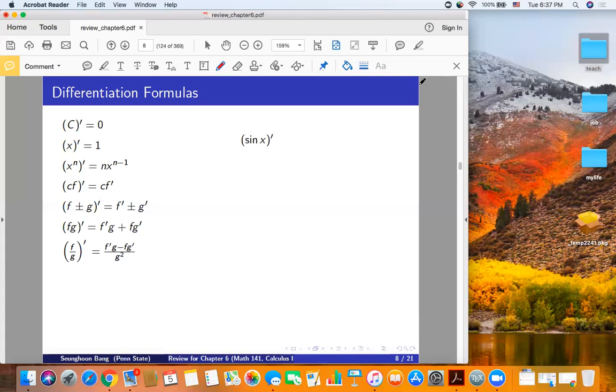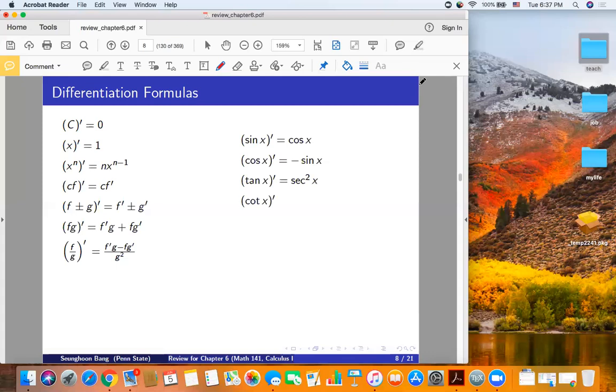What's the sine prime? Cosine. What's the cosine prime? Negative sine. What's the tangent prime? Equals secant squared.